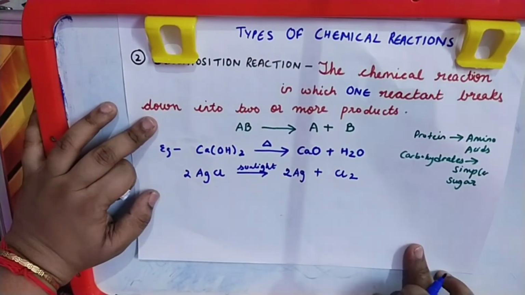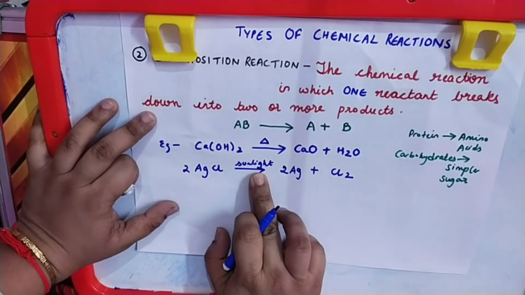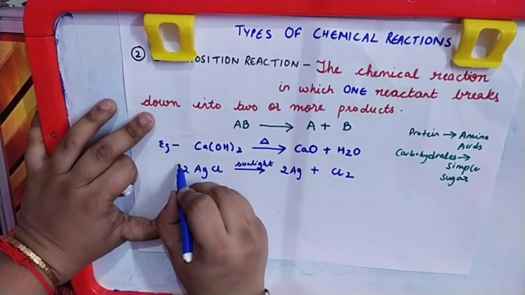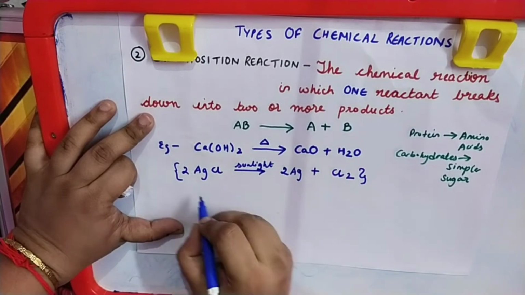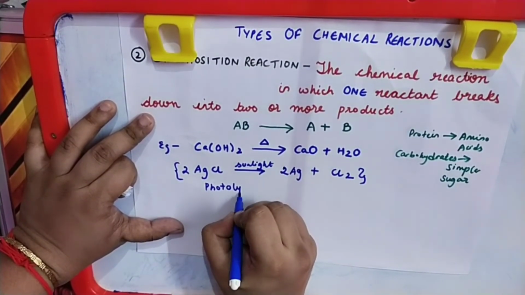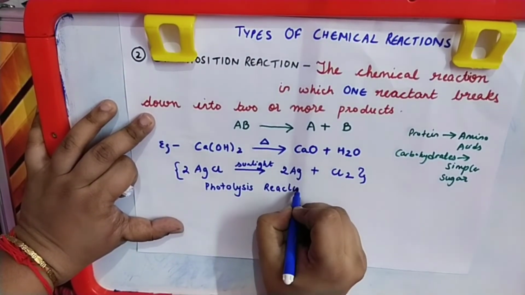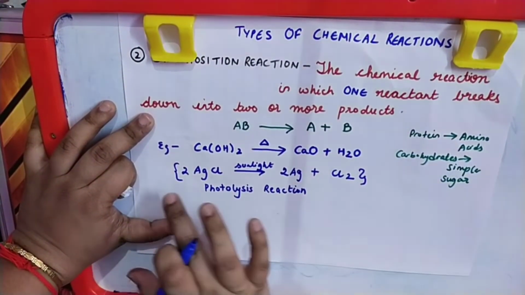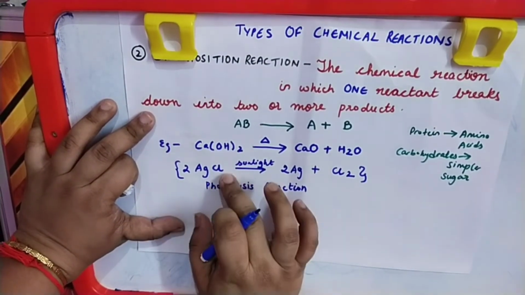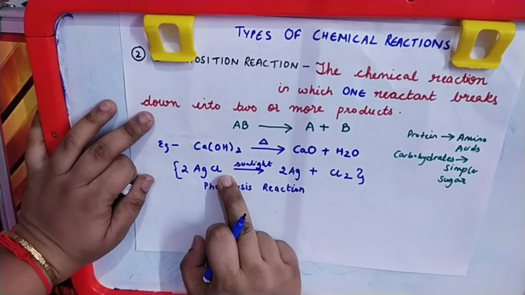Children, when the reaction takes place in presence of sunlight, such a reaction is known as photolysis reaction. Photolysis reaction. And this silver chloride, earlier it was used in black and white photography.